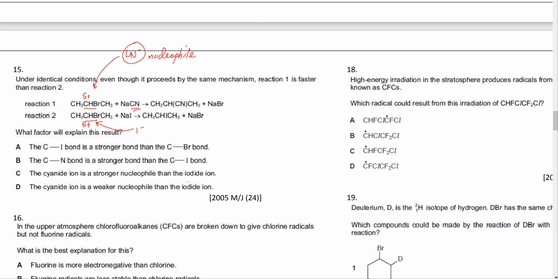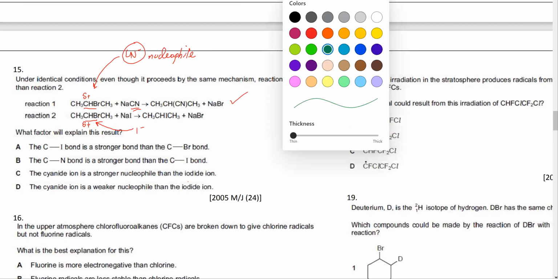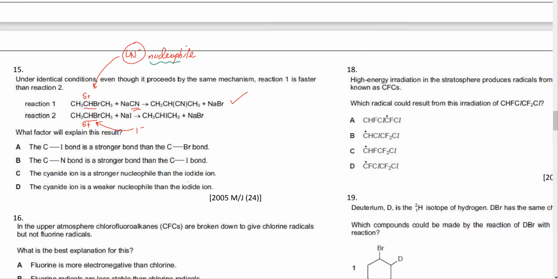Reaction 1 is faster, which basically means that in reaction number 1, the nucleophile is very strongly attracted to the positive carbon atom. That's why reaction number 1 would be faster, and it would be a stronger nucleophile.